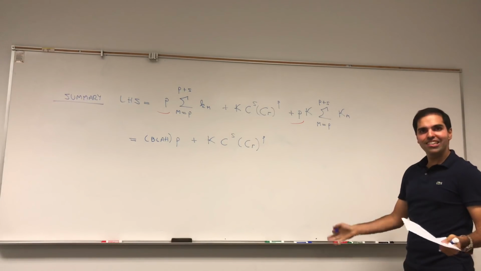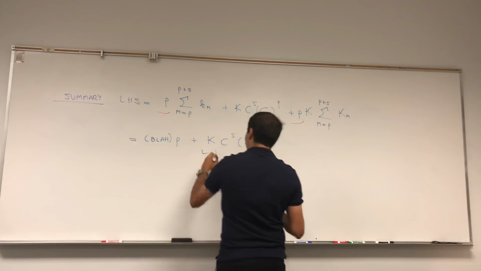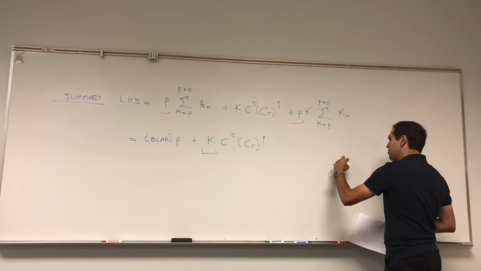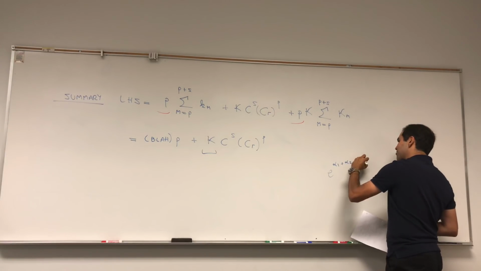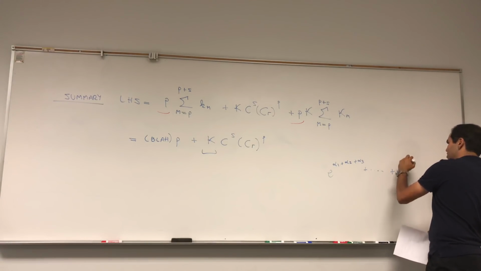Let me now remind you what all the terms are. K, remember, it came from this e of alpha 1 plus alpha 2 plus alpha 3 plus dot dot dot plus e of 0, which is 1.